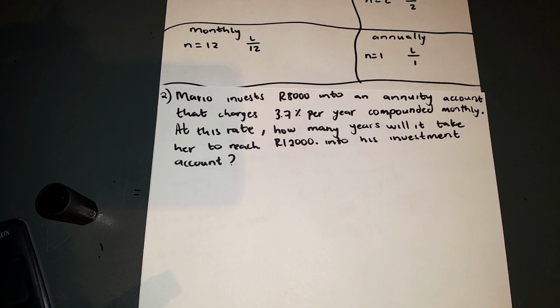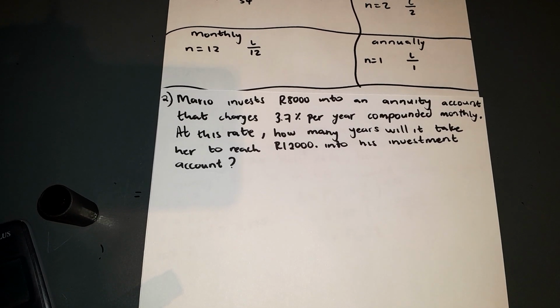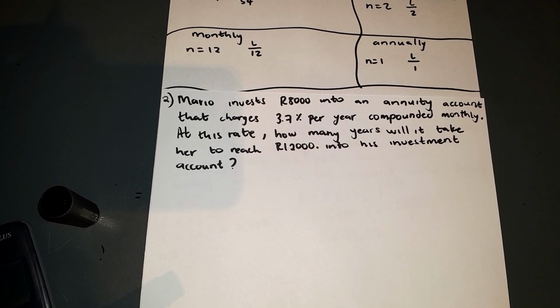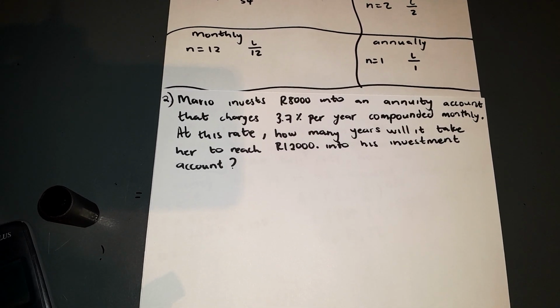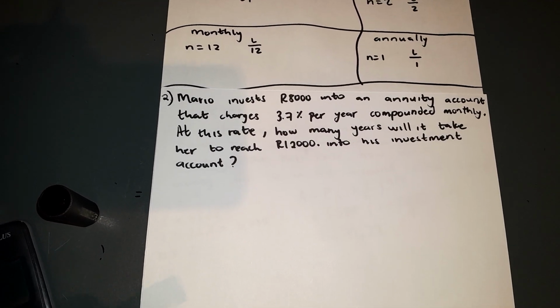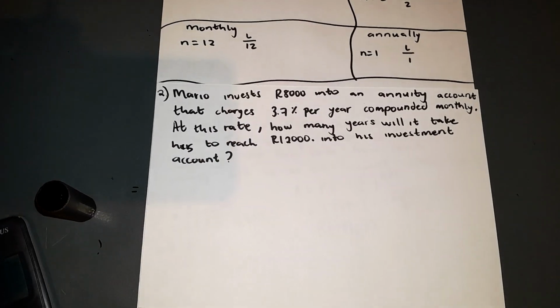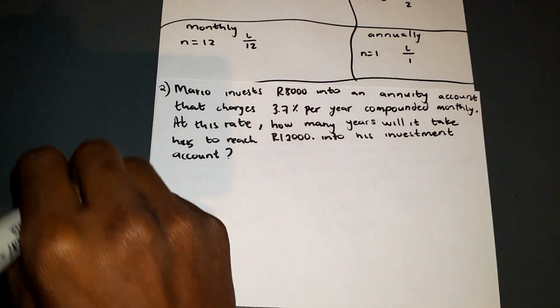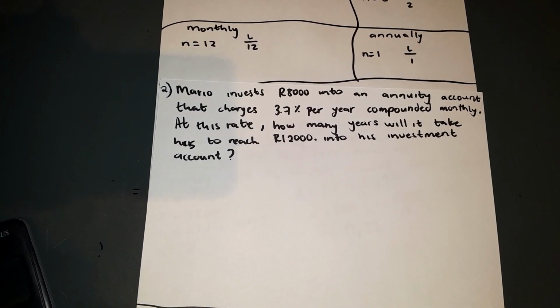At this rate, how many years will it take her to reach 12,000 rands into his, sorry, I made a mistake here with the pronouns. So into his investment account.